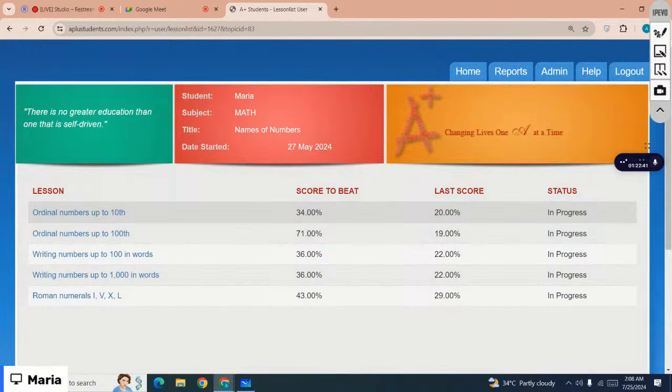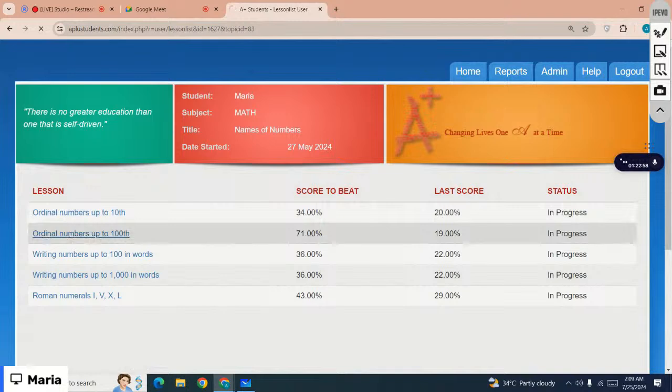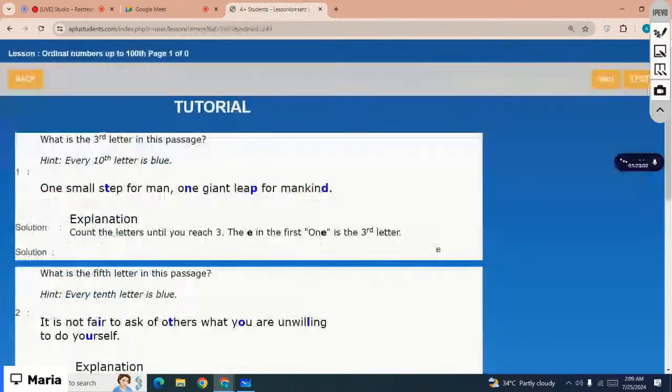The next lesson is ordinal numbers up to 100th. Let's just start with the lesson. Okay, what is the third letter in the passage?